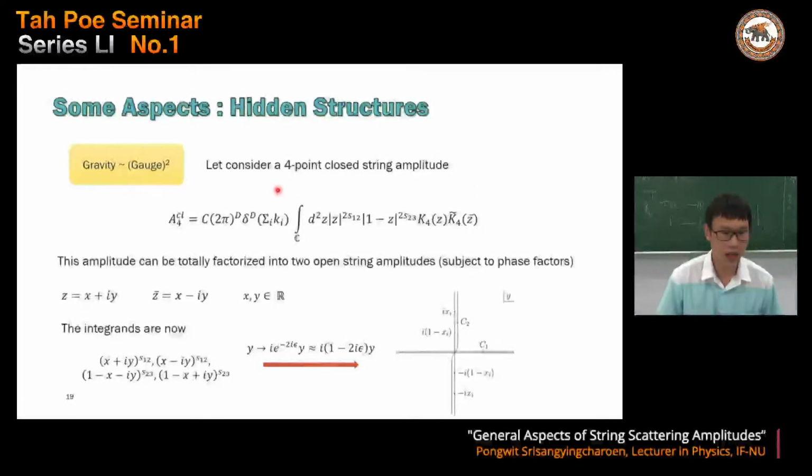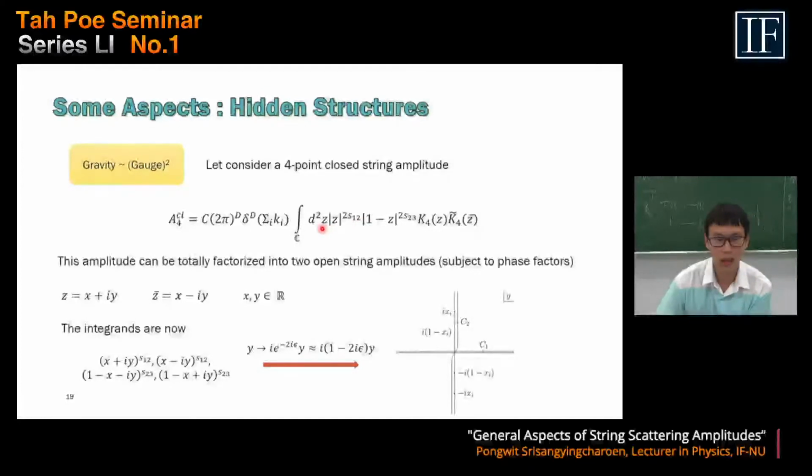As you can see, here is the Koba-Nielsen expression for the 4-point closed string amplitude, and you can see the integration is on the complex plane here, right?